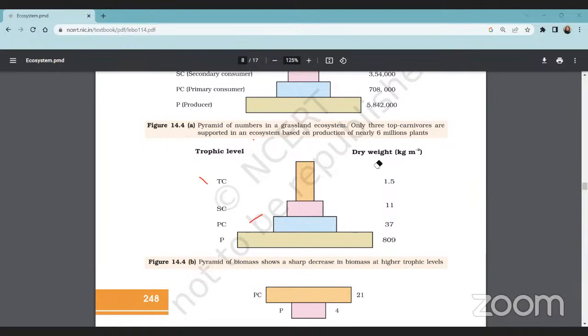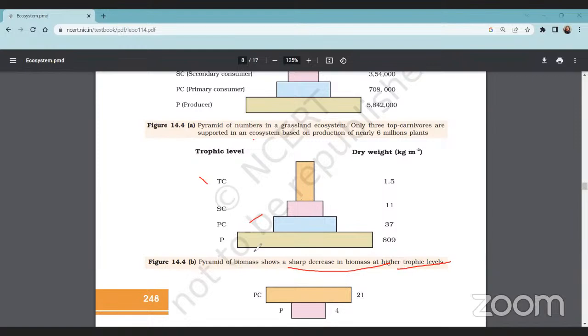the dry weight mass in that trophic level. That pyramid shows the biomass, means how much biomass is present. That is the second pyramid. The pyramid of biomass shows a sharp decrease in biomass at a higher trophic level.